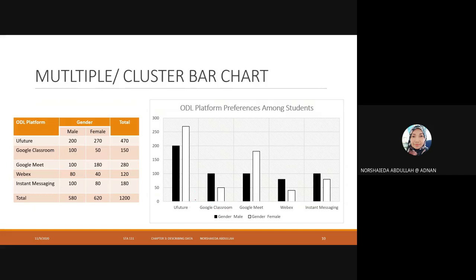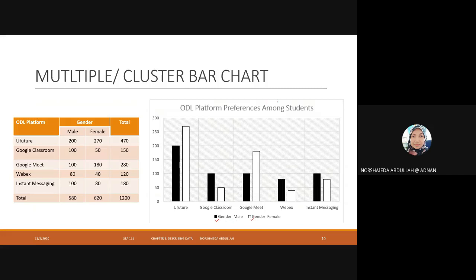Okay. So untuk from this chart, we classify the X first into platform, the ODL platform, and for each of the platform too, we classify the respondent into male and female. Okay, so you must differentiate lah between the male and female and letak dia punya key dia.